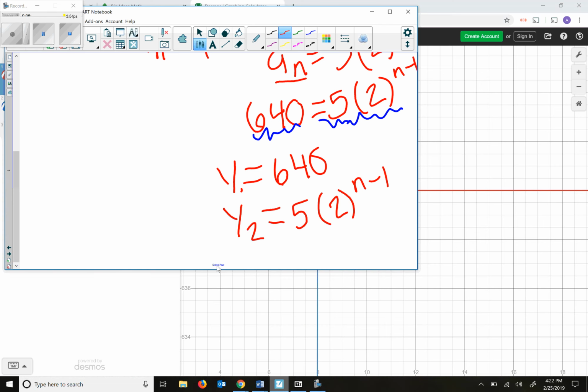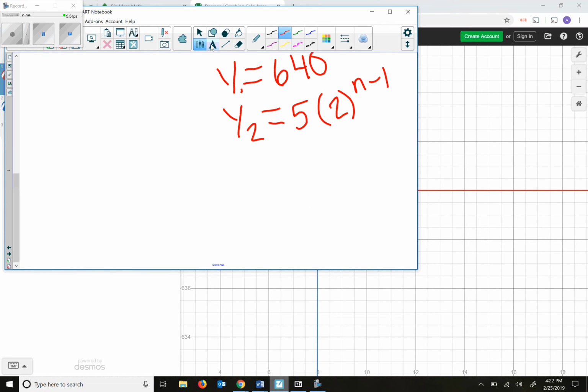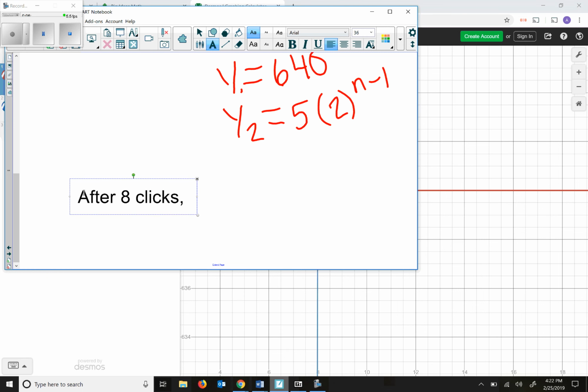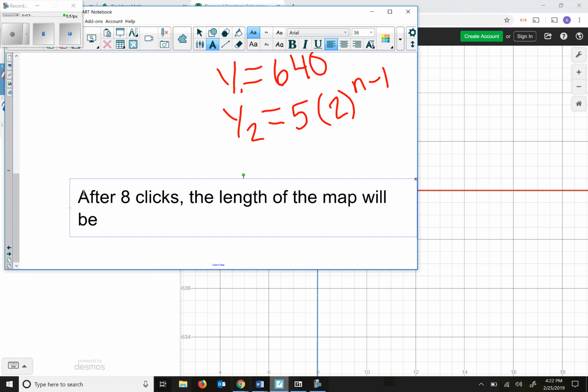So if I go back here, I'm just going to type this out. So after 8 clicks, the length of the map will be 640 miles.